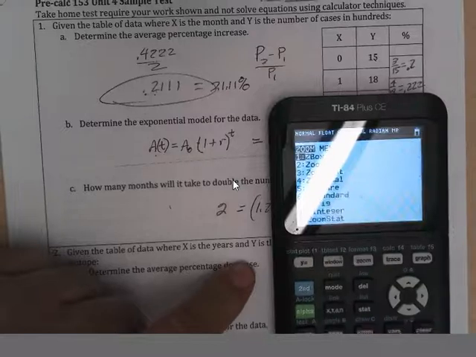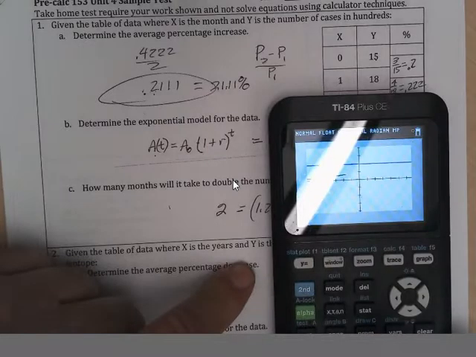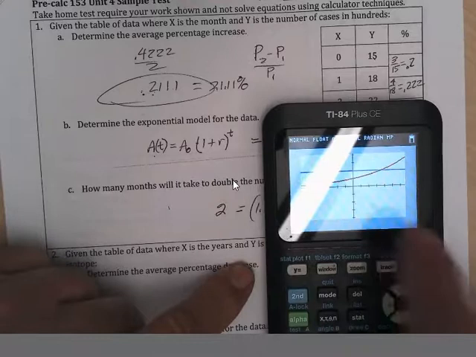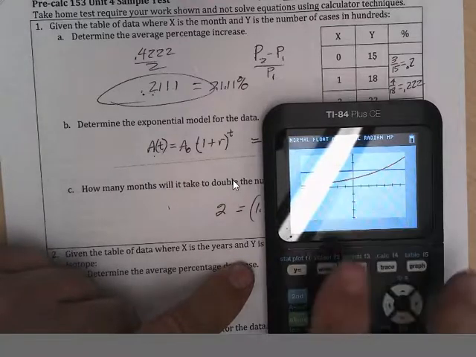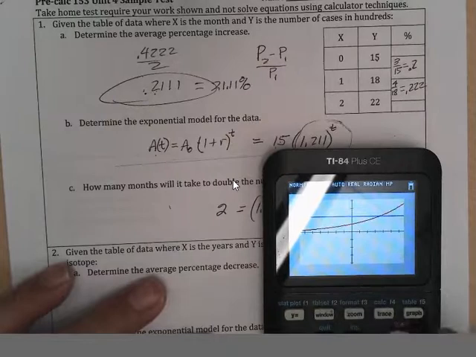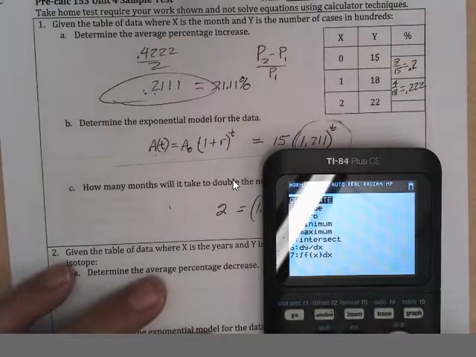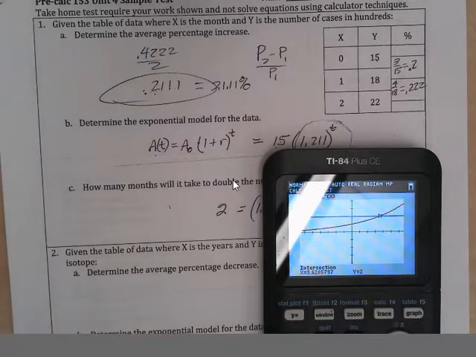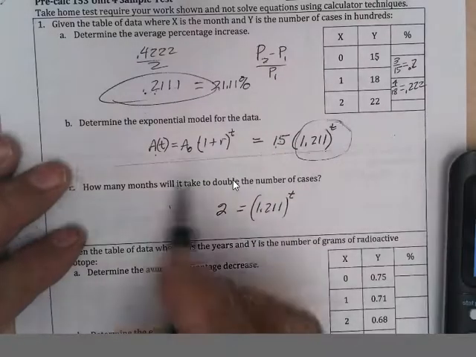Let's go zoom 4. There's one, and there's the other, and they cross at, let's see how many months it is when they match. So second, calculate the intersection of that one, and it says it's 3.62 months.